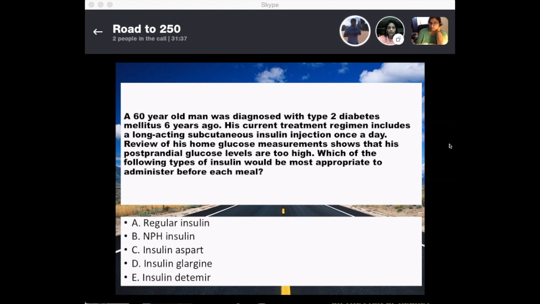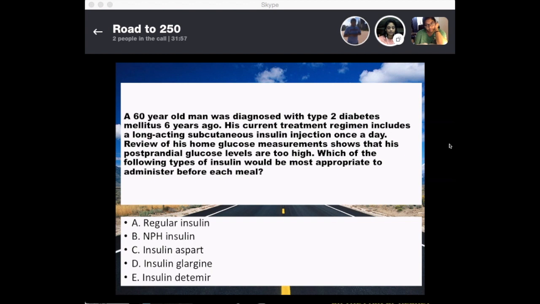Which of the following types of insulin would be most appropriate to administer before each meal? A, regular insulin, B, NPH insulin, C, insulin aspart, D, insulin glargine, and E, insulin detemir.